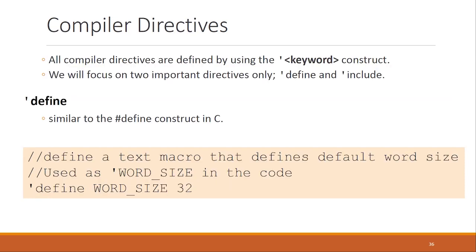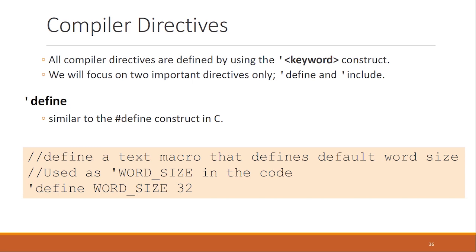And next we can look at compiler directives in Verilog. You have seen compiler directives in C. Similarly, you have compiler directives in Verilog as well. All compiler directives are defined by using the apostrophe and then keyword construct.